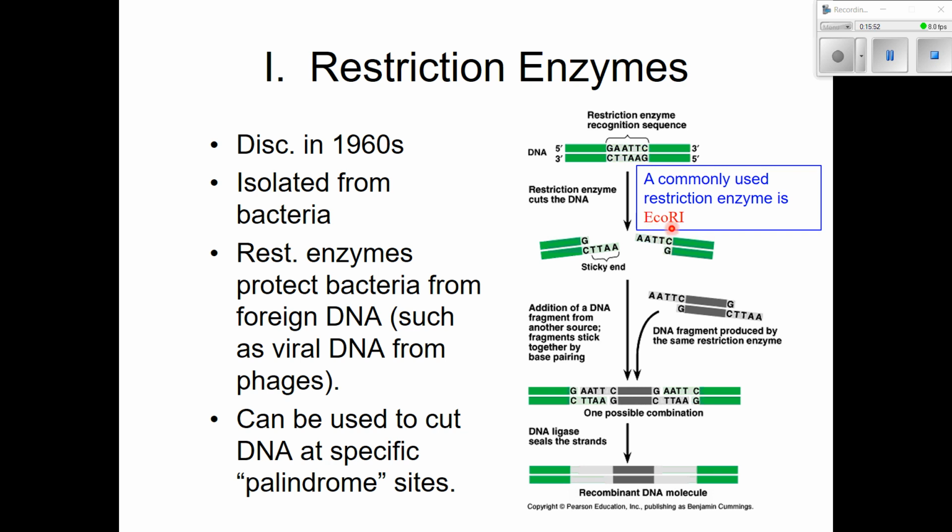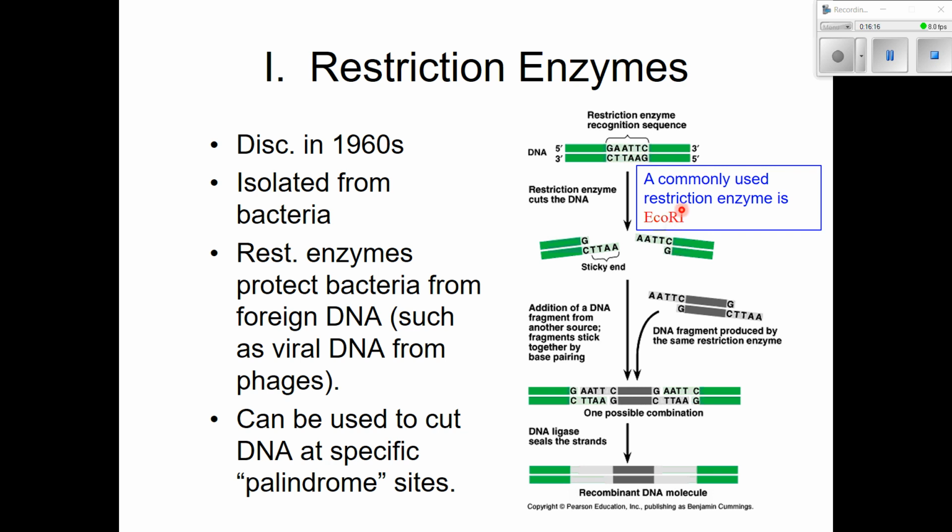By the way, the names of these restriction enzymes have sort of a formula to them. So the first three letters indicate the species of bacteria where this enzyme was first discovered. So pretty easy to figure out. This was E. coli. And then the R stands for restriction enzyme.